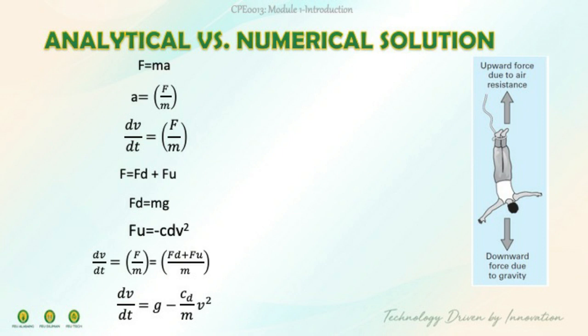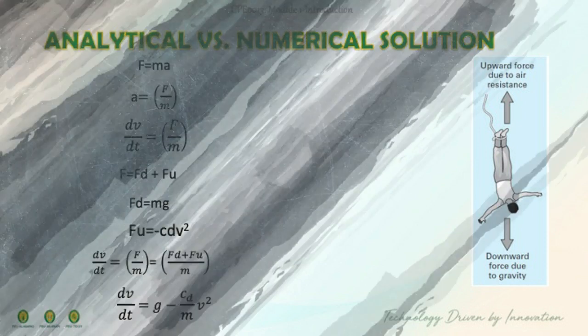However, in contrast to the solution of Newton's second law of motion, the exact solution of dv over dt equals g minus cd over m multiplied by v squared, for the velocity of the jumper, cannot be obtained using simple or even algebraic manipulation. Rather, more advanced techniques such as those of calculus must be applied to obtain an exact, or analytical, solution.